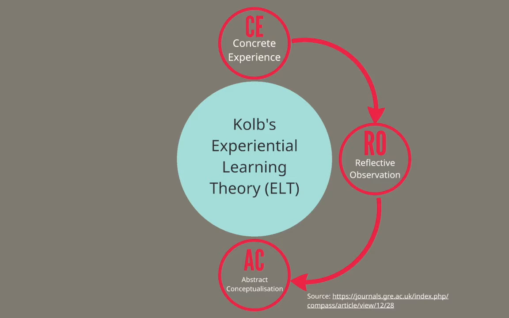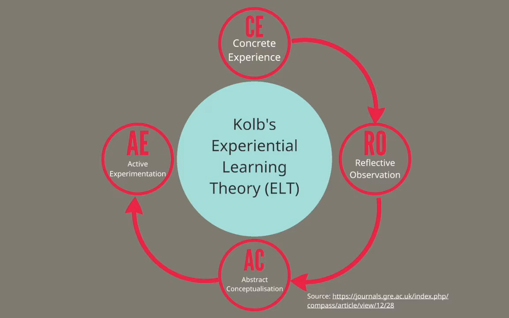The next stage in this theory, in this process, is abstract conceptualization. So that's taking our experiences and our reflective observations and putting those into some sort of theoretical context, and creating new ideas from that. And with those ideas, with those theoretical insights, we can then actively experiment regarding improvements that we may wish to make.